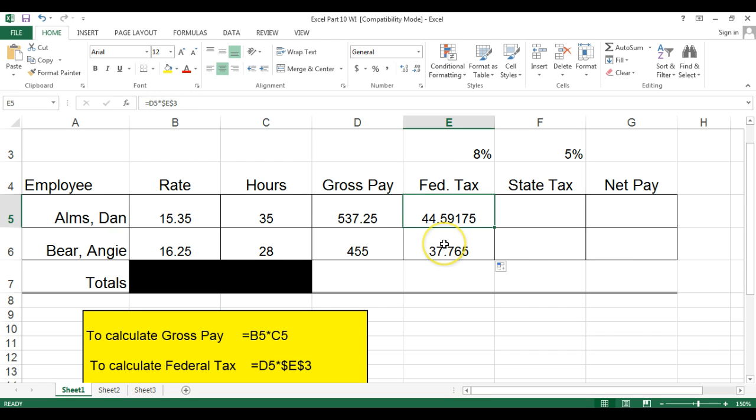If I click on cell E6 with this answer, notice that $E$3 is still the same. Yes, you have to go through this process. You're learning a couple different things here, but most importantly, you're learning the absolute reference formula, meaning that you're freezing a cell.